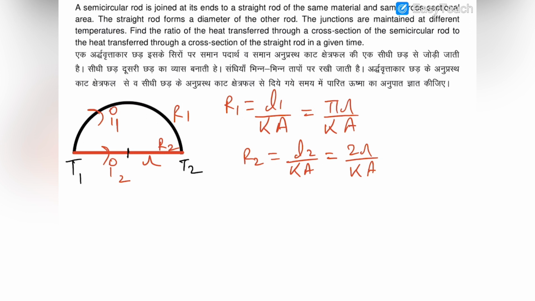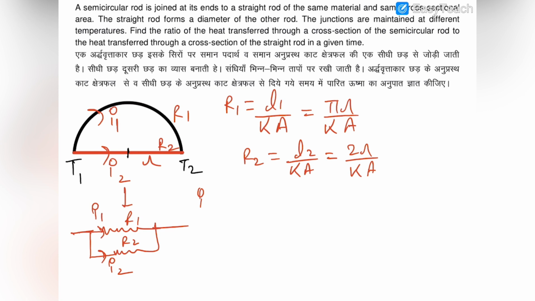Now we can see that this is a combination in which the resistances are connected in parallel, and for the parallel combination, let's suppose the current passing through the upper one is I1 and through the lower one is I2.